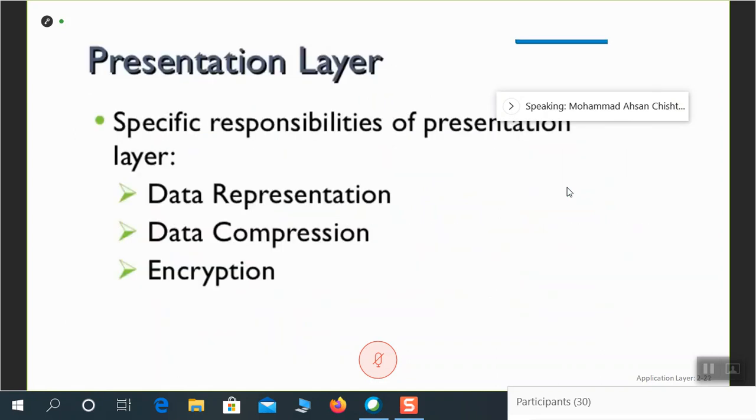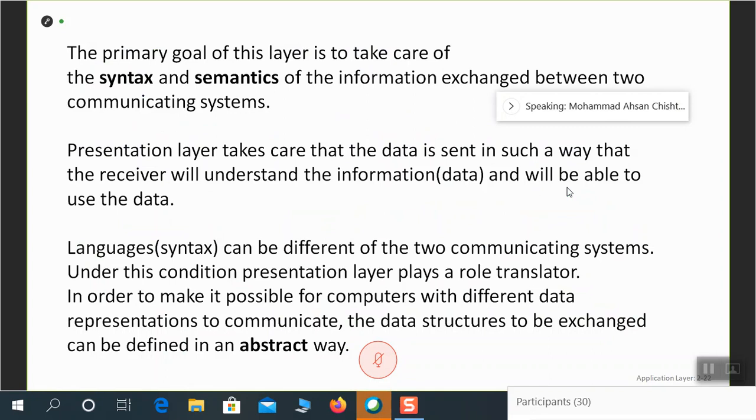Let me just annotate it here. So it defines the format in which the data is to be exchanged. This is the primary thing that this layer is supposed to do.